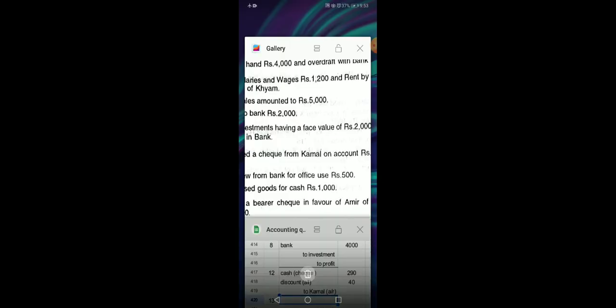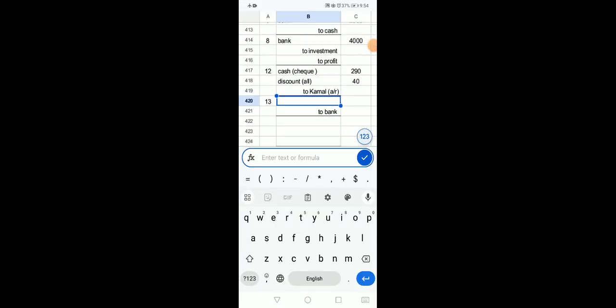Why you are going to draw your amount from your bank? That is for office use. Here you can see for office use. Since you will be using this amount for office, right now you have just drawn. It means your cash is coming out of bank. Cash in hand is increasing. Increase in cash in hand means increase in asset. Increase in asset should be mentioned on debit side.